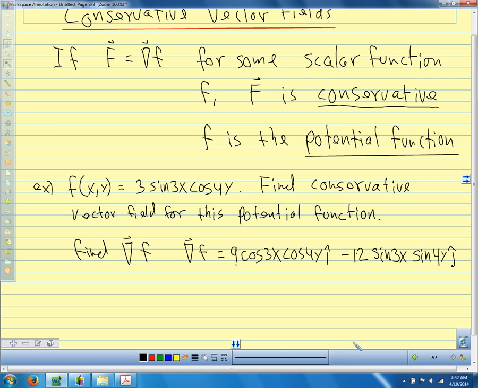So if we're given a vector field, we want a way to tell: how do we tell if this vector field is conservative? We have a nice test for conservative vector fields.